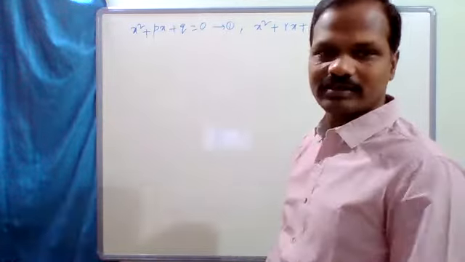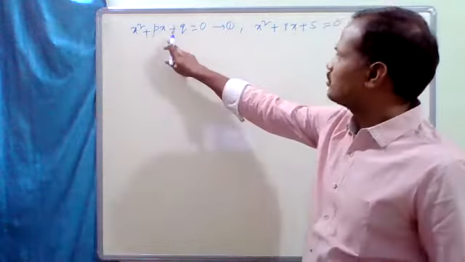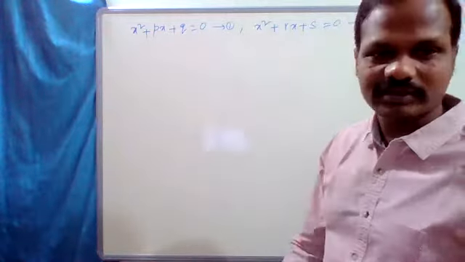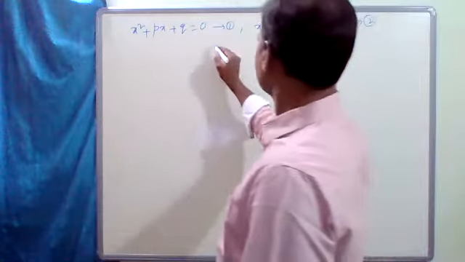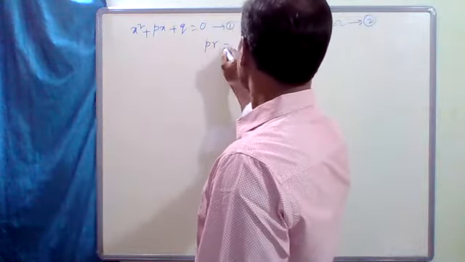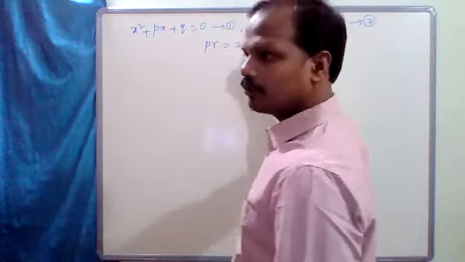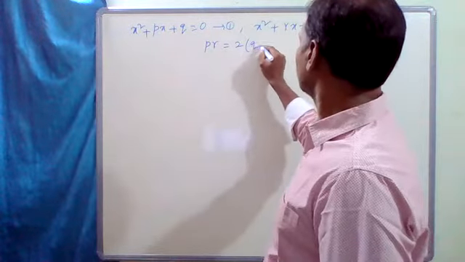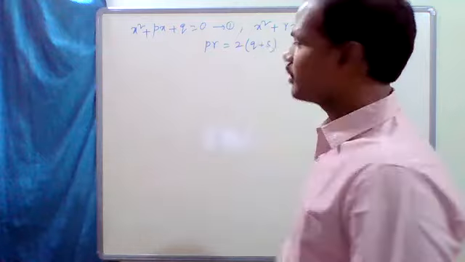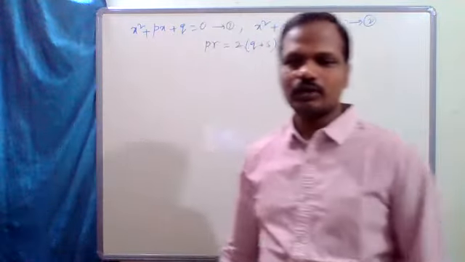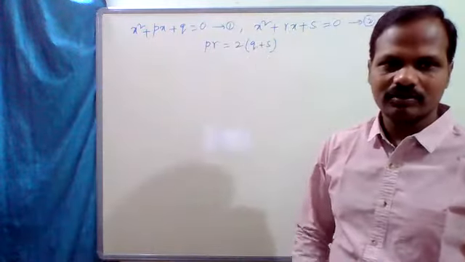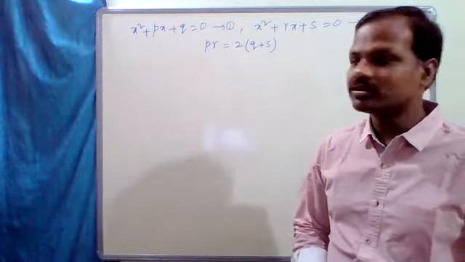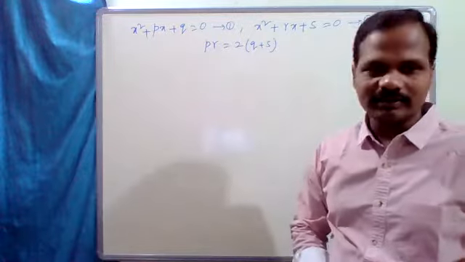So these two quadratic equations are given: x square plus px plus q equals 0, x square plus rx plus s equals 0. The condition is pr equals 2 into (q plus s).